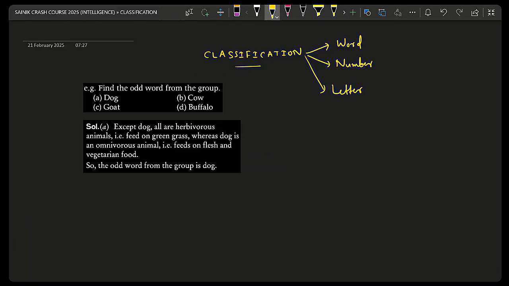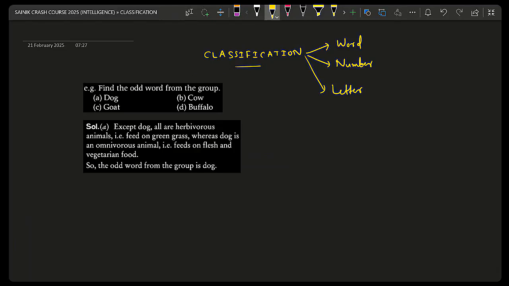In word classification, the candidate is given a group of words which are related to one another in a particular manner. The candidate has to identify the odd word that does not belong to the group. The relationship among the words is generally based on synonyms, antonyms, or some other characteristics of the words.